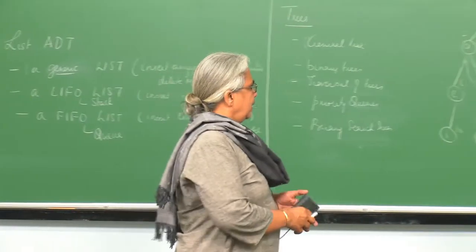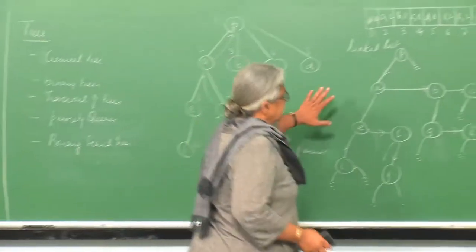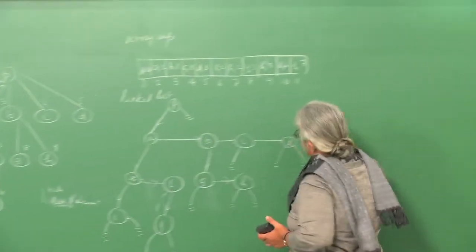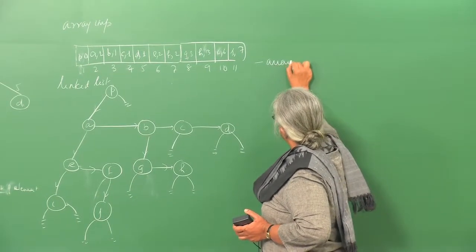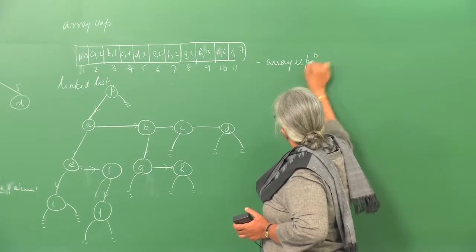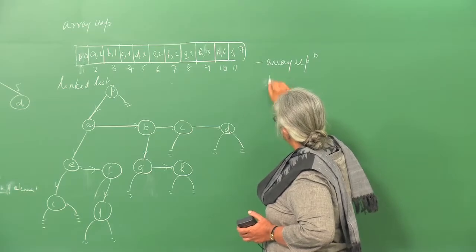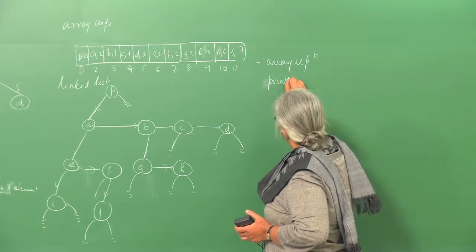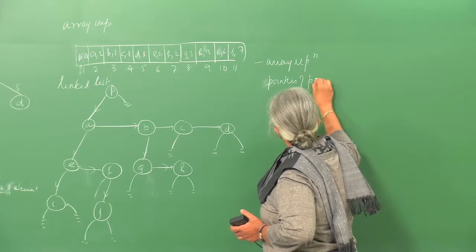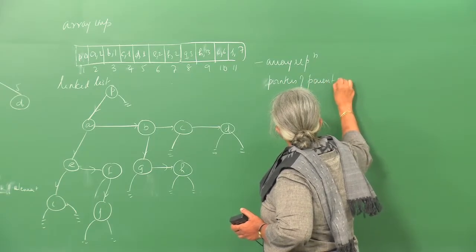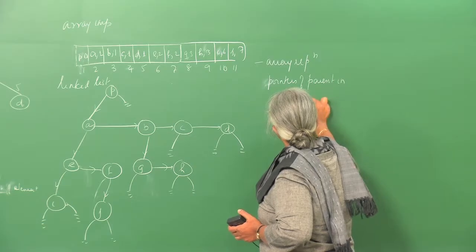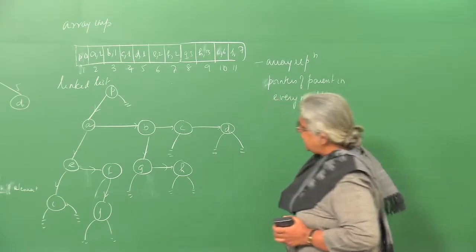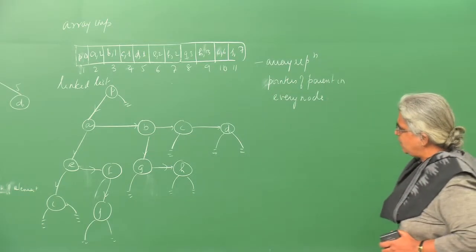Okay. In the linked list representation, this is the array representation where we use pointers to the parent in every node. On the other hand, in the linked list representation, what does every node have?